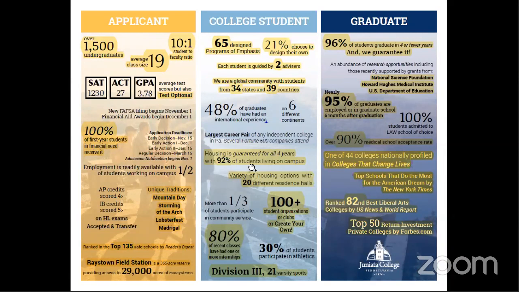Apart from financial assistance, Juniata also guarantees all four years of housing. So 92% of the students live on campus. As I said earlier, typically first year or freshman year students are required to stay on campus.